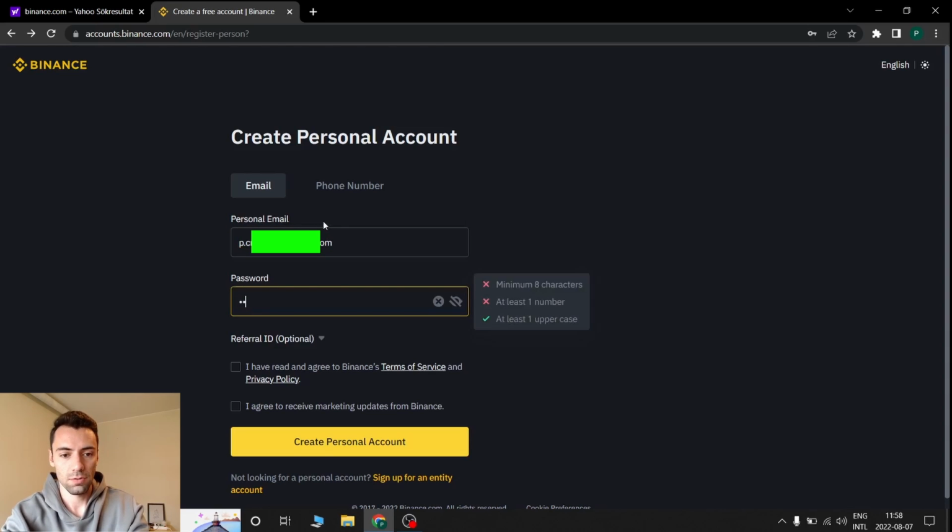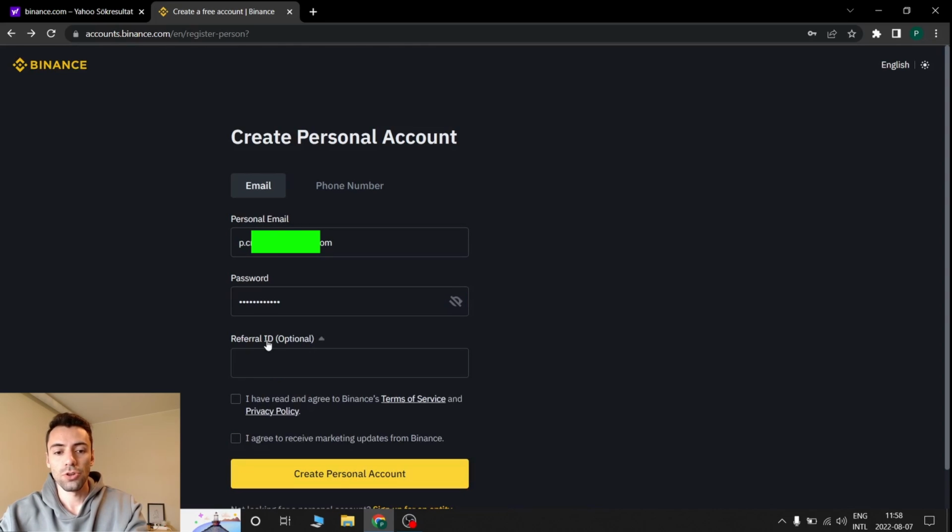Set a password. Good. So for your referral ID, actually, I'm gonna enter my own referral ID. You can use it to give you some discount for your transaction fees, and also it might give you some points and some other optional stuff to your account.